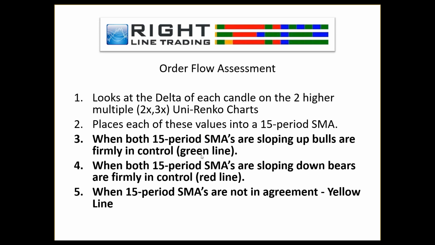When both 15-period SMAs are sloping down, then the bears are firmly in control, and again, supply will not meet demand, and price will fall. Now, when the 15-period SMAs are not in agreement and the order flow assessment is yellow, that's a great time to stand aside because the market's most likely going to chop.